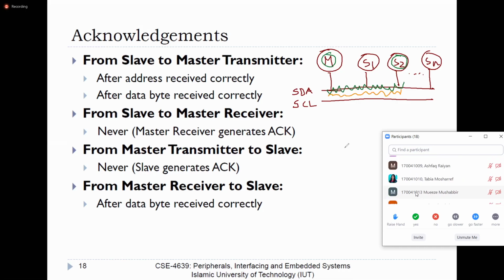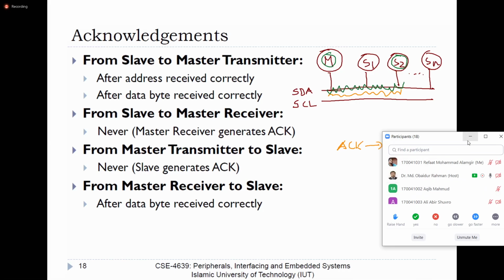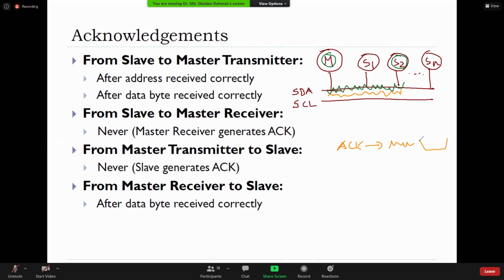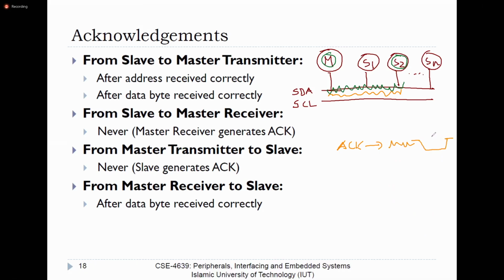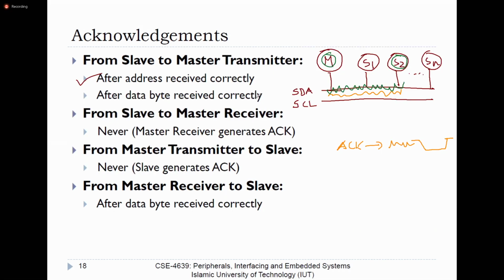So let's say this yellow is the acknowledgement. It's a logic low signal for one clock pulse. So after reception of the address received correctly, the slave sends the acknowledgement, and also after reception of one data byte, the slave also sends the acknowledgement. This is one case.